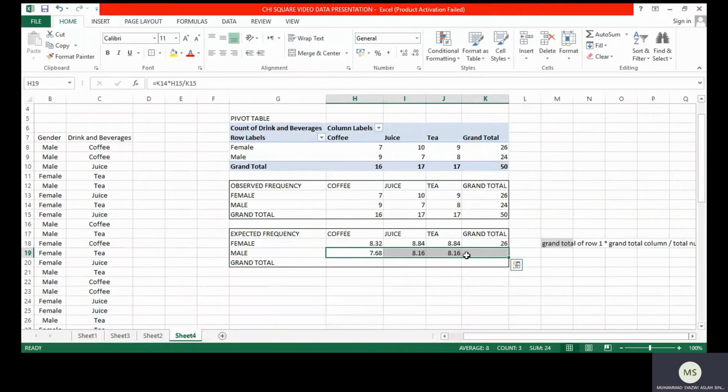The same goes for row 2, and also for the columns, and it will give the same answer as the observed frequency.